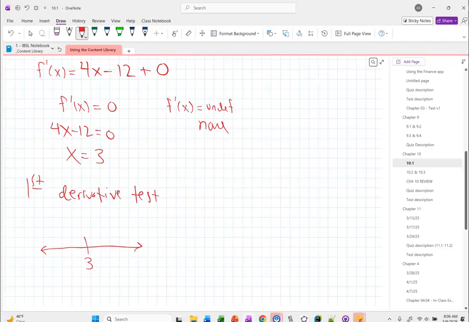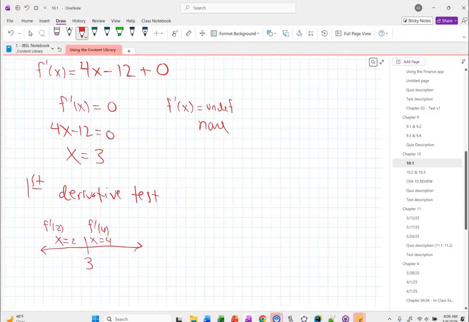I'm going to pick a value for x that is less than 3 and a value for x that's greater than 3. And then I'm going to plug those test values into the derivative and just look to see if they're negative or positive.